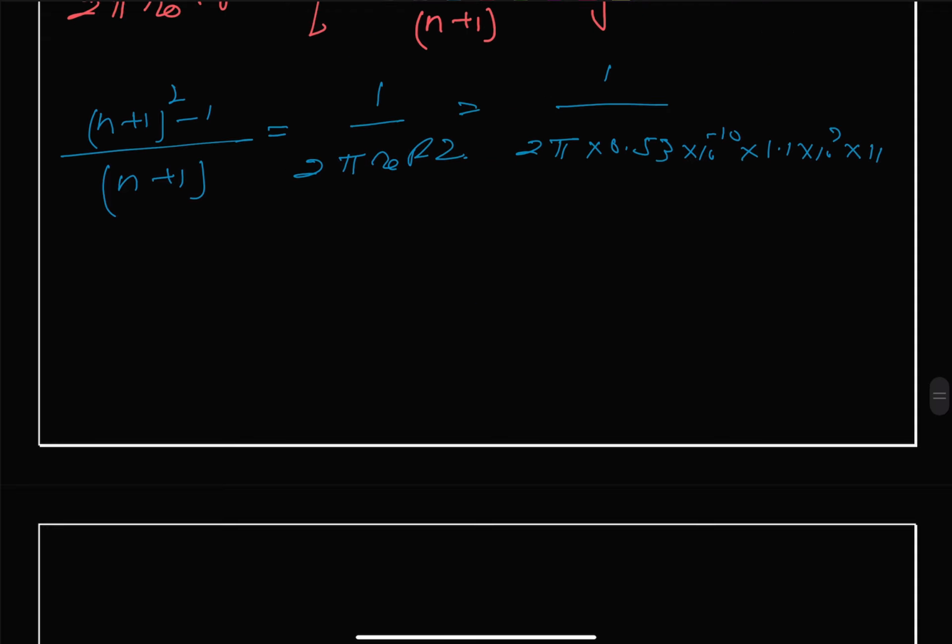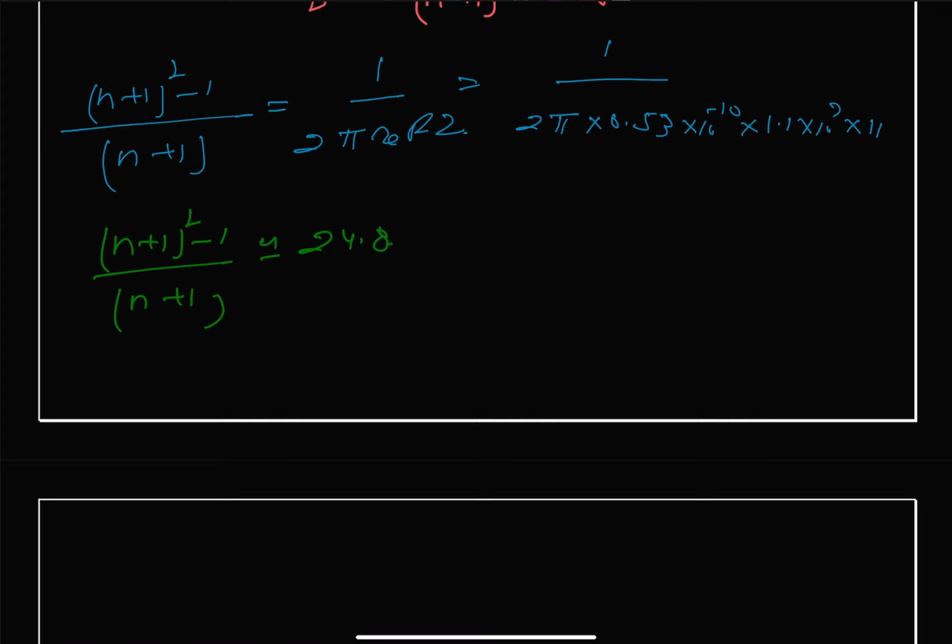And from here we get ((n plus 1) whole square minus 1) upon (n plus 1) approximately equal to 24.8. I think this is getting complicated. Hopefully this will give us the correct answer.